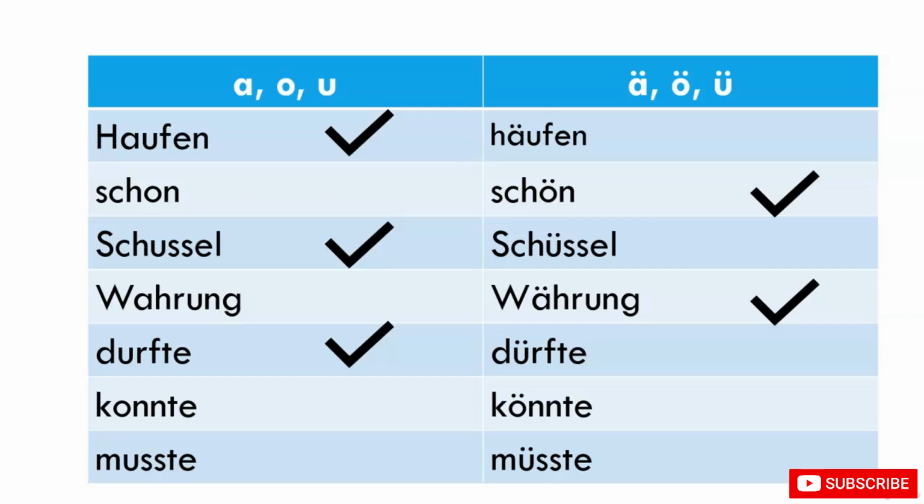That's also the past tense one. Müsste. And that was with the umlaut. How did you get on? Did you hear the differences? Can you say them yourself? Have a go.